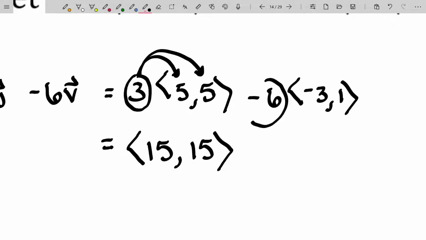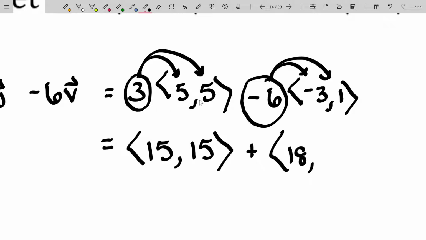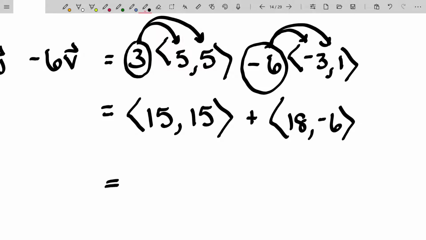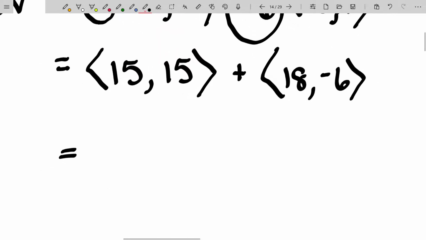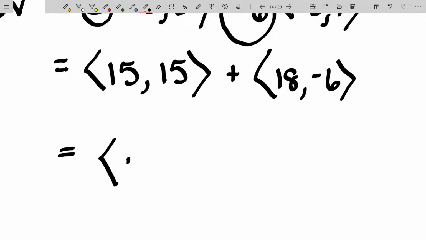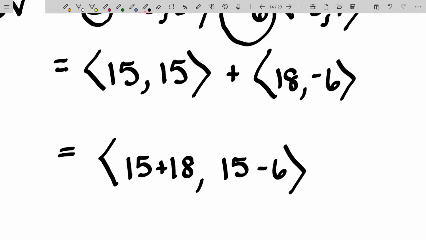And I'll go ahead and take this negative 6 and scale each of the components by that negative 6. So I have plus the new vector 18 comma negative 6. And now we know how to add two vectors. You just take their like components and add them. So this will be 15 plus 18 comma 15 minus 6.